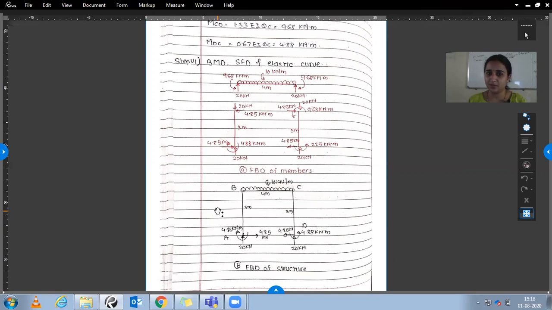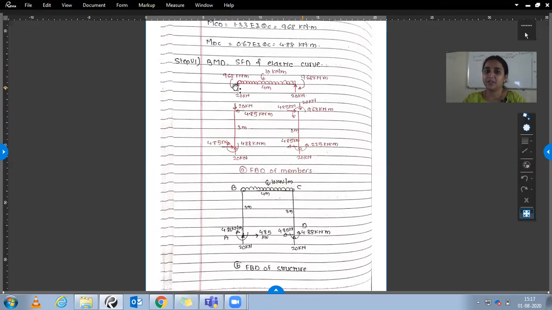We'll separate the two columns and the one beam, and then we'll apply the end moments that we calculated here. These are the end moments which we have shown, and we can find the shear forces or reactions at the supports from the given load and by using those moment values.